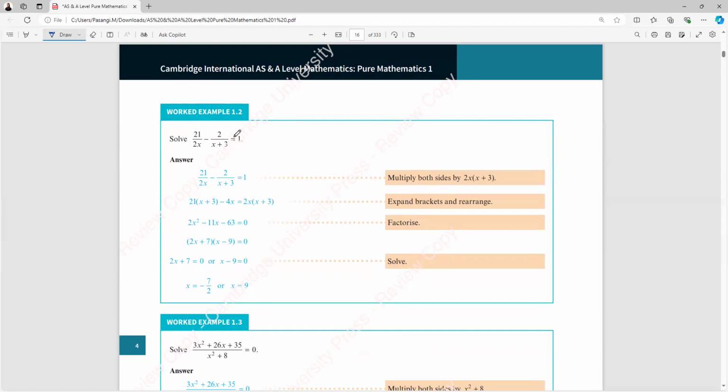It's also another method. We can take this 1 to the left hand side and consider 2x times x plus 3 completely as the common denominator. And then factorize the numerator and get the solutions. That's what we can do.